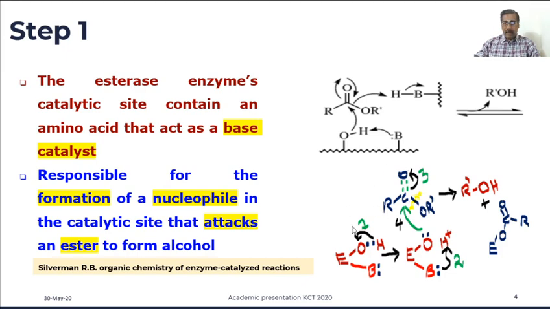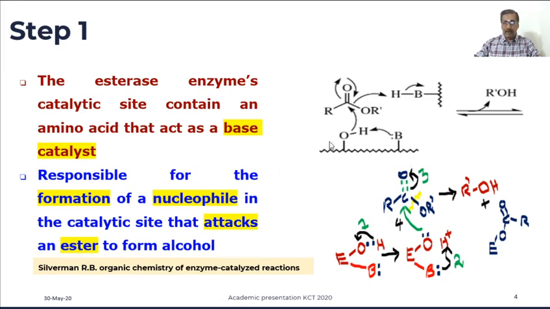So here I have projected a diagram for easy reference. Two things happen over here. The esterase enzyme will have a catalytic site. In that catalytic site, a particular amino acid will act as a base catalyst, and another amino acid will act as a nucleophile.